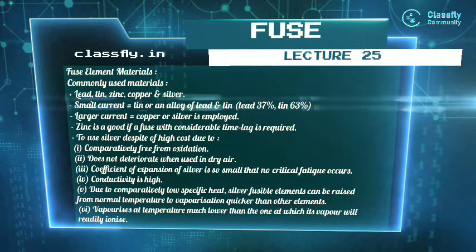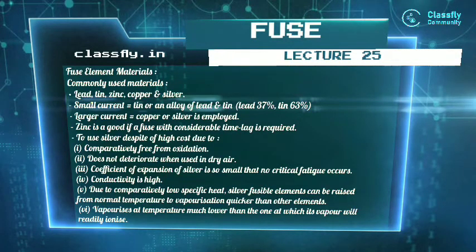Silver is used despite its high cost because it is comparatively free from oxidation. We read this as a characteristic of a fuse element, that it is free of deterioration during oxidation. So silver is the material which is comparatively free from oxidation and does not deteriorate when used in dry air.